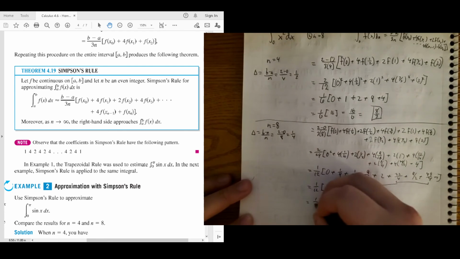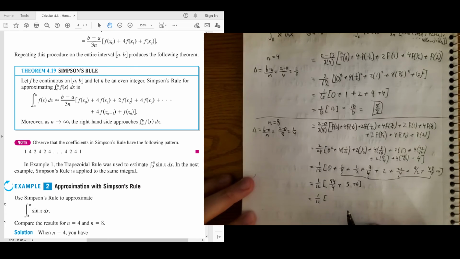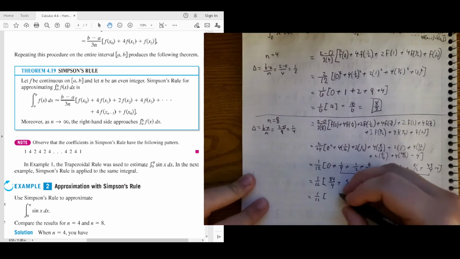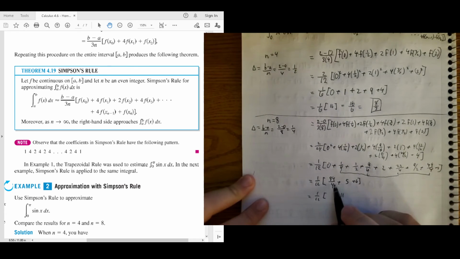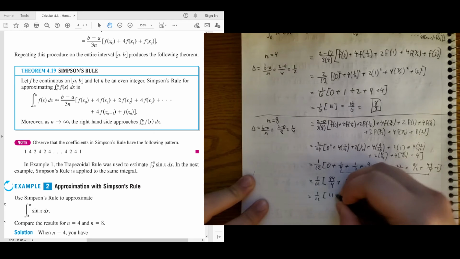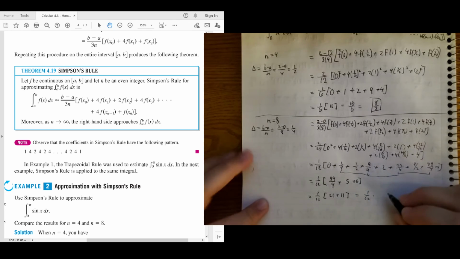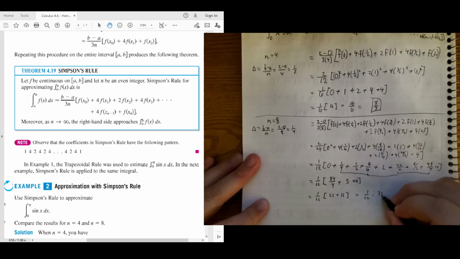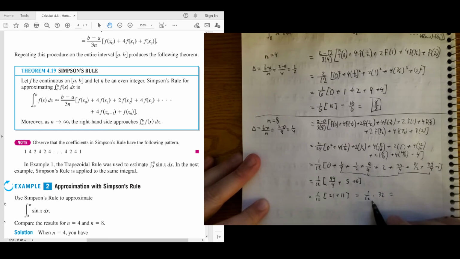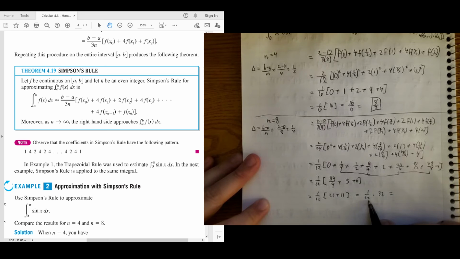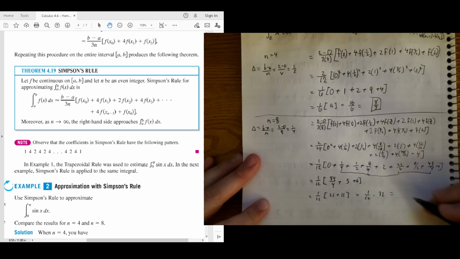So we end up with 1 over 12 times, 5 and 6 makes 11. 4 divides into 84, leaving me with 21. So we end up with 21 plus 11. This ends up being 1 over 12 times 32. 32 divided by 12 becomes 16 over 6, which becomes 8 over 3.